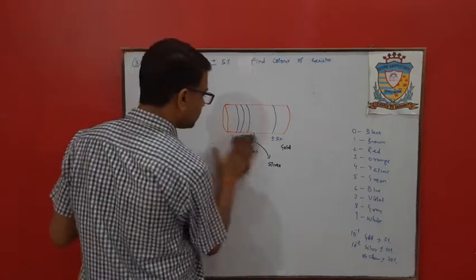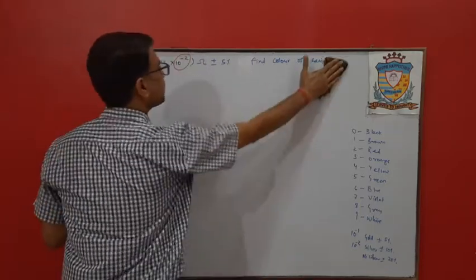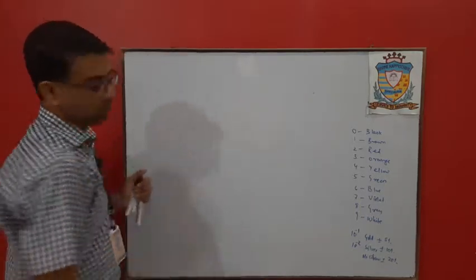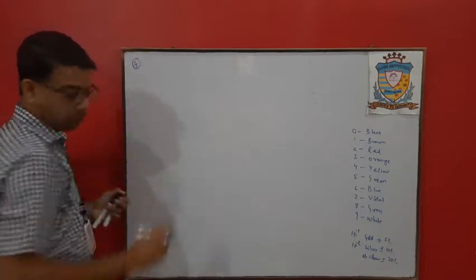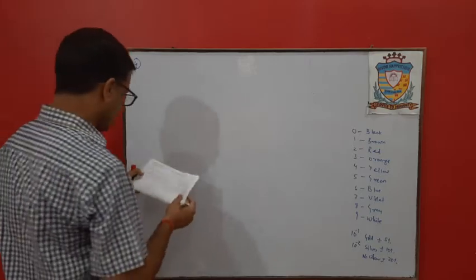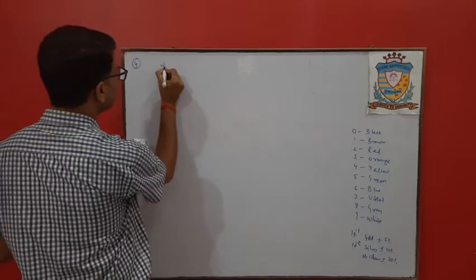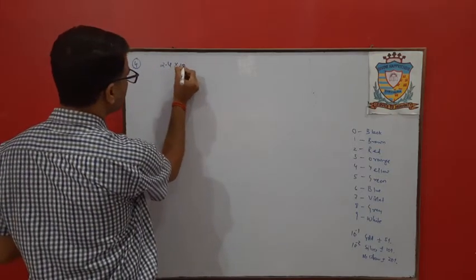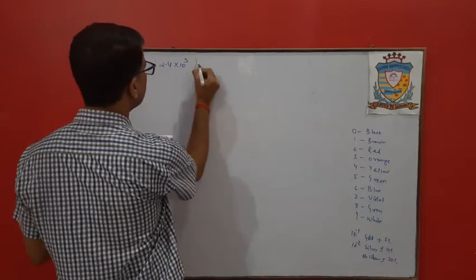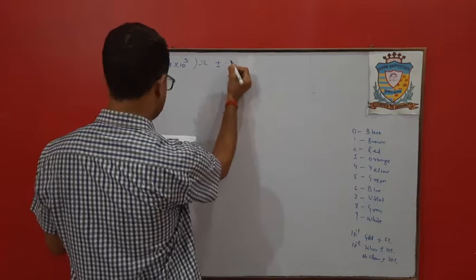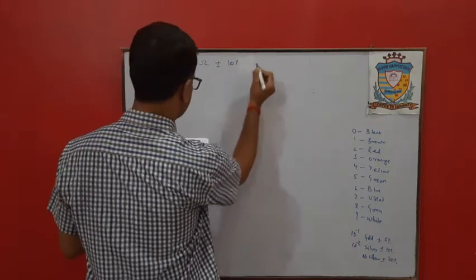Next, one more numerical. Question number 4. 2.4 into 10 to the power 3 ohm plus minus 10%.